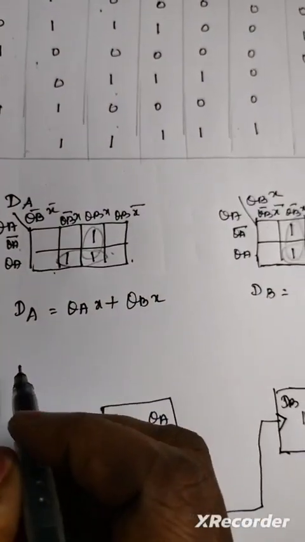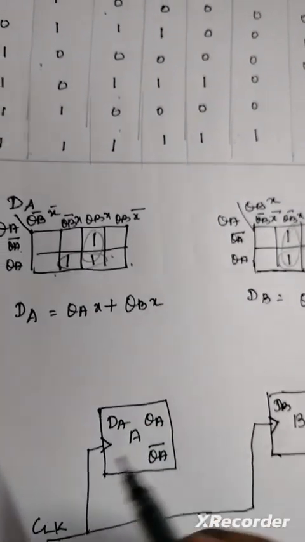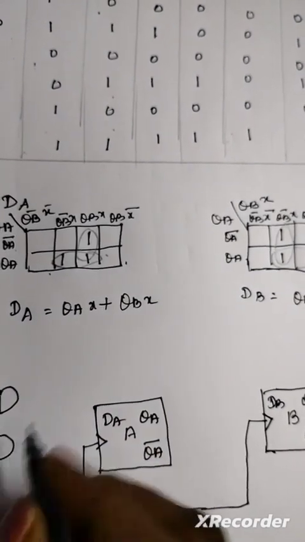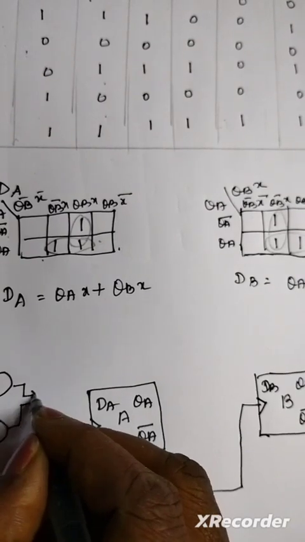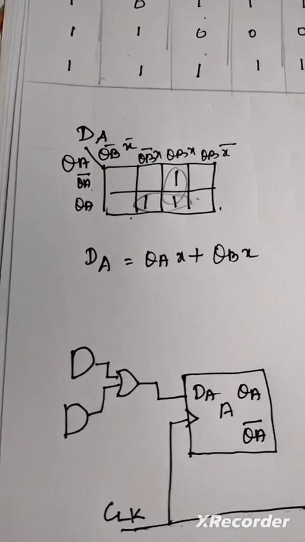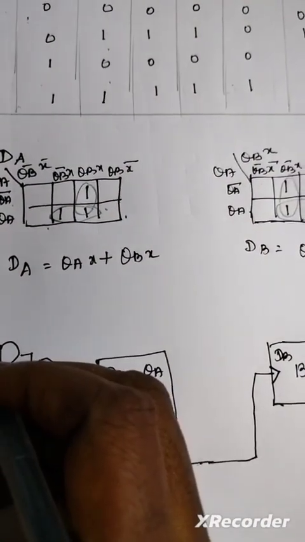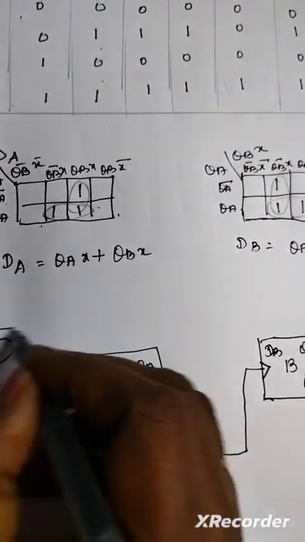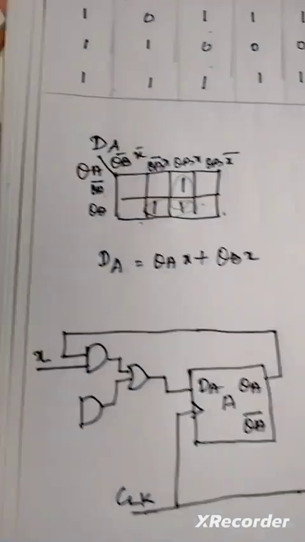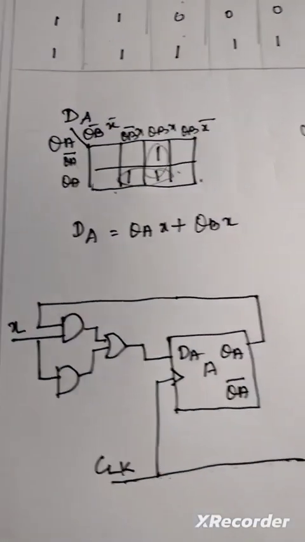You need two AND gates, one OR gate and connected to DA. So the inputs are QA and X. This is QA. This is X. And the other one is X and QB.